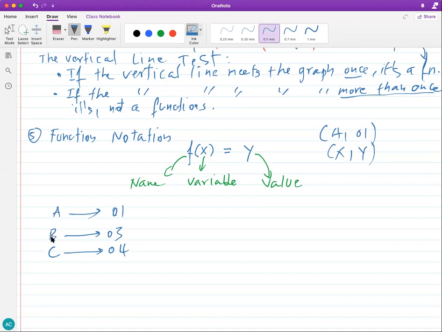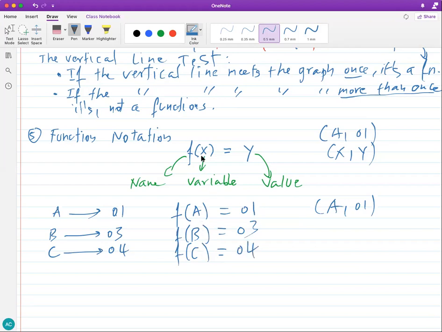The corresponding value to b is 0, 3, and so on. So we can write it this way. We can say f of this value gives us this. f of a in parentheses equals 0, 1. As you can see, this is an ordered pair, a, 0, 1. What is f of b? f of b is 0, 3. That's right. And finally, f of c will be 0, 4.